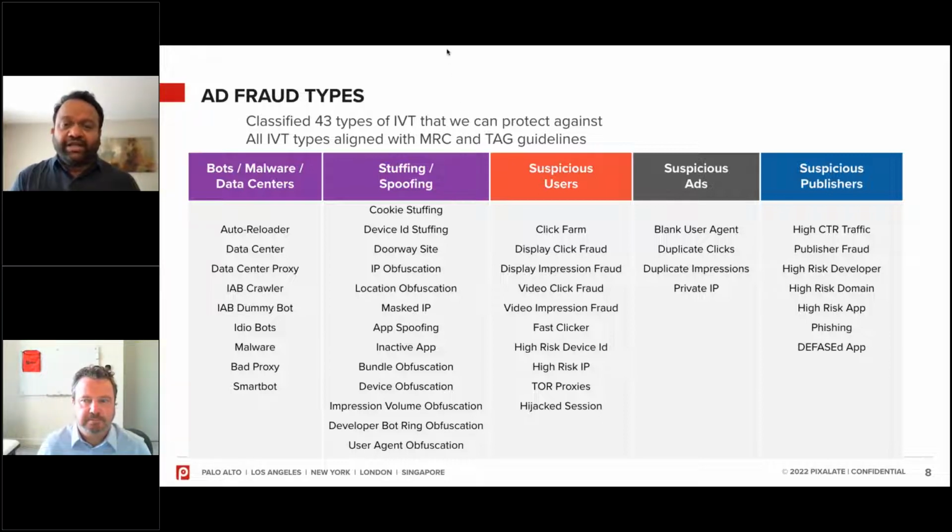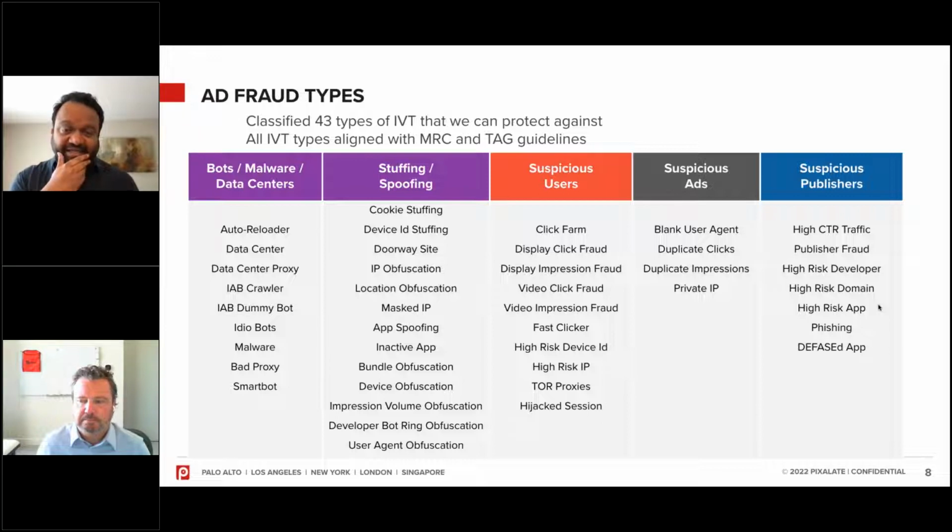The one area I did want to emphasize a little more is the suspicious publishers section that you see there, and that is something where we do a pretty important, interesting set of analysis. It goes beyond just looking at the traffic directly, but also looking at other vectors.